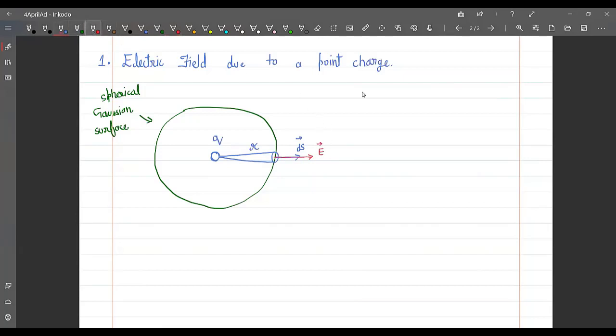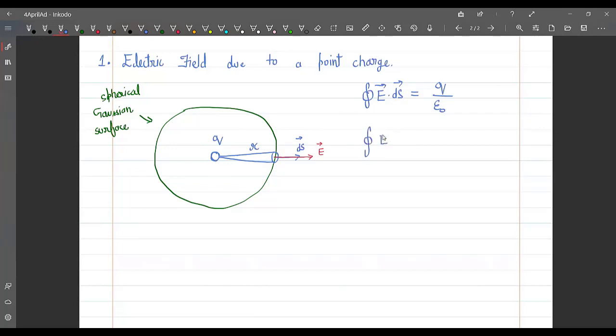Now, I'll write the Gauss law, that is summation of E dot ds will be Q by epsilon naught. Suppose we don't know the electric field, but what we know is that electric field at each and every point on the Gaussian surface will be the same, because each and every point is the same distance away from the charge.